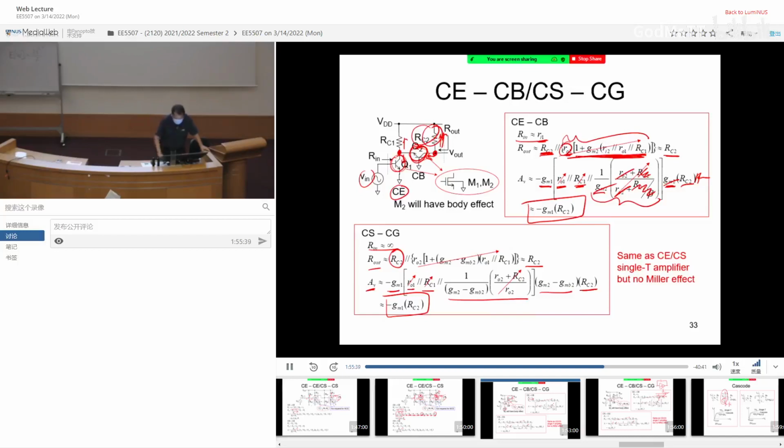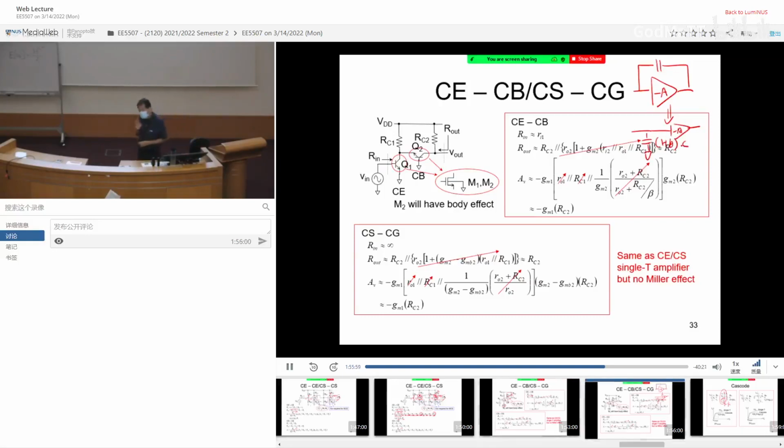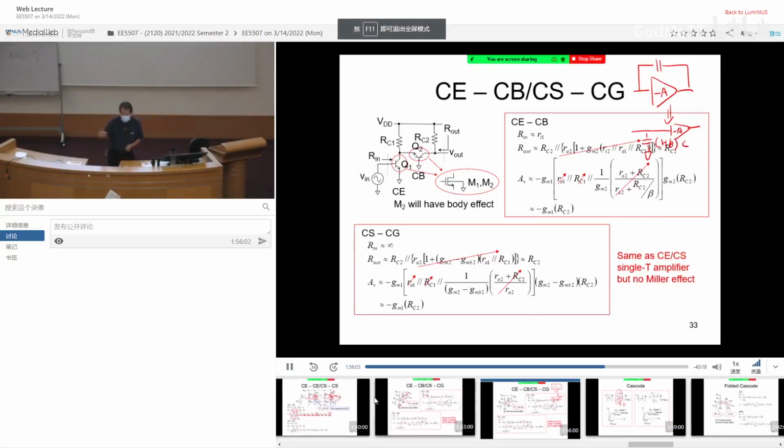If you remember, what is the Miller effect? The Miller effect is, if you have a gain like this, and you have a capacitor like this, it will be transformed into this, 1 plus A multiplied by C. So what the Miller effect is telling you is that the larger the gain of the amplifier, the worse it is. Am I right?